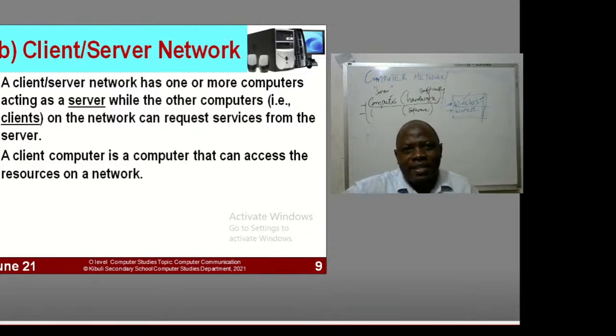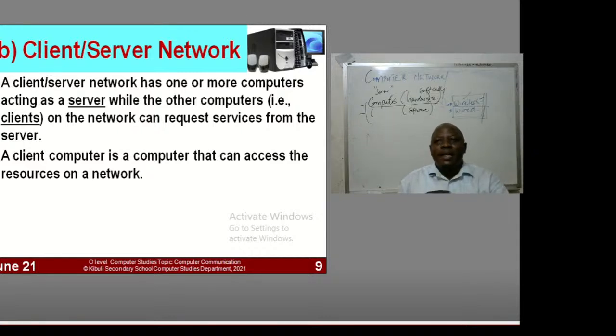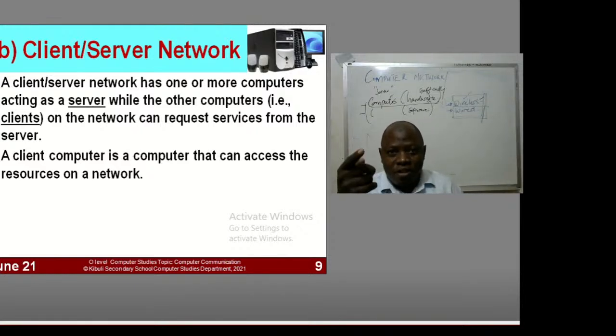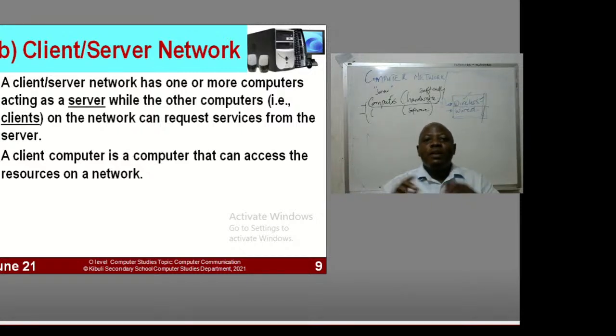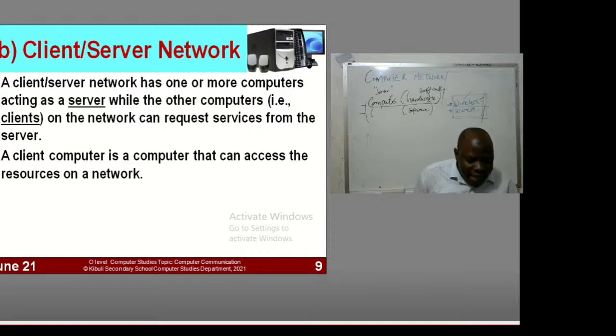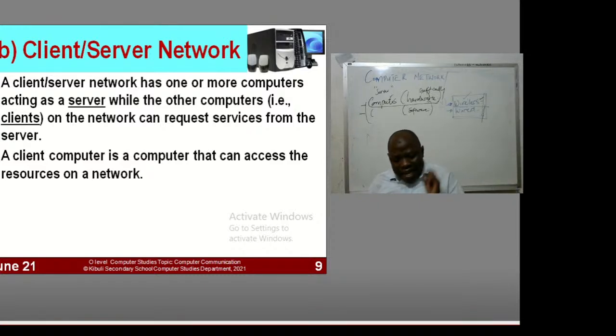When you request that server, it will reply to you by sending. Others now you begin complaining, I'm not seeing any message. Why? Because the server is not answering your request. When it's not answering the request, the connection is poor, that's when it brings a message which says cannot be connected. So a client computer is a computer that can access the resources on the network.